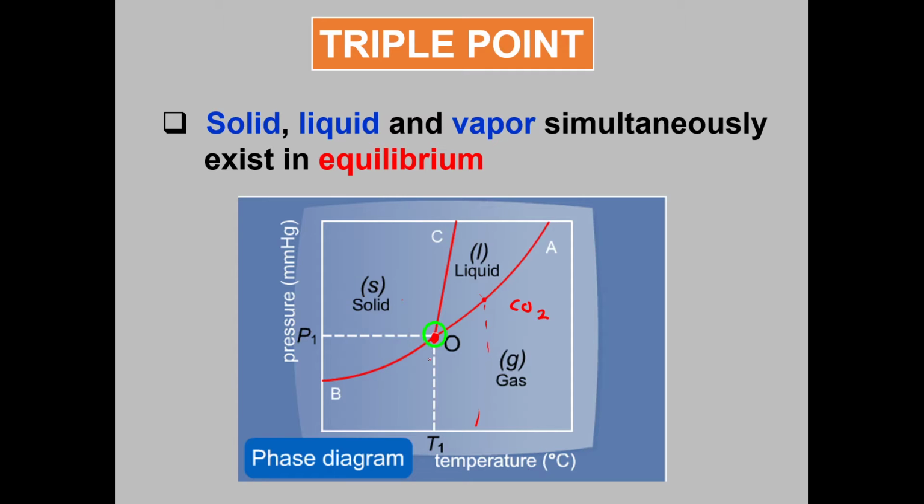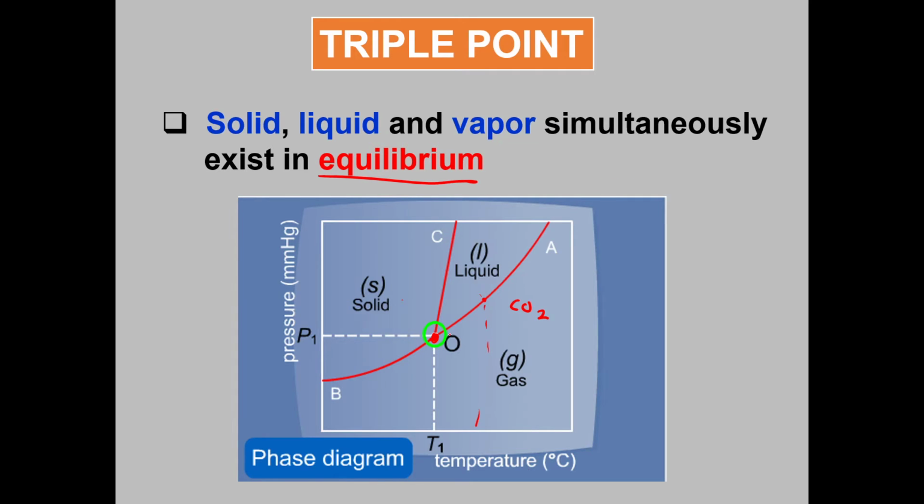It is all three states at the same place, in equilibrium. Equilibrium means stable; stable is the most accurate way to describe equilibrium. It is the calmest at that point.